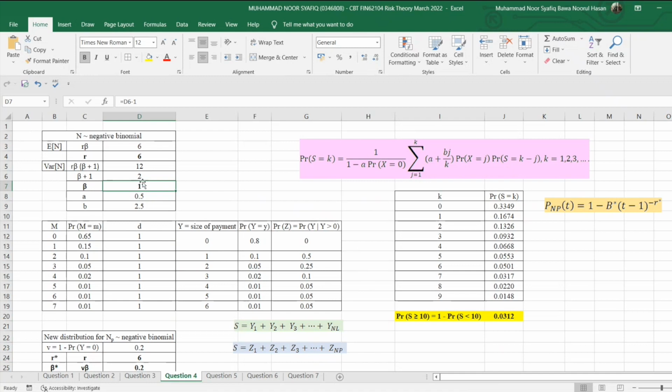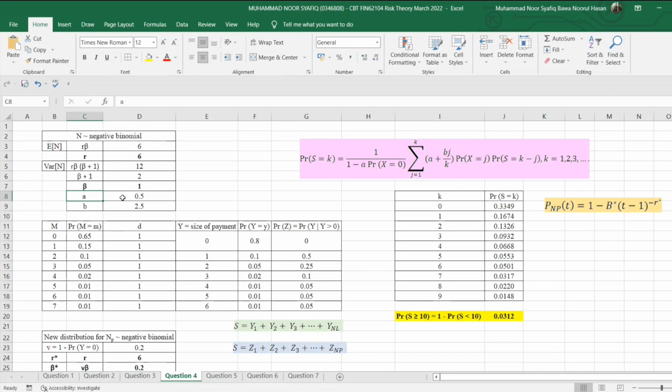Then the value of beta is 2 minus 1 equals 1. So when beta is 1, of course r becomes 6, where 6 divided by 1 is equal to 6. Then I can find the values of a and b.